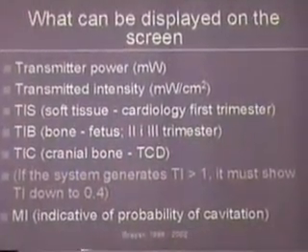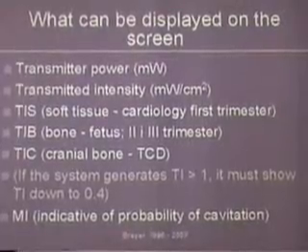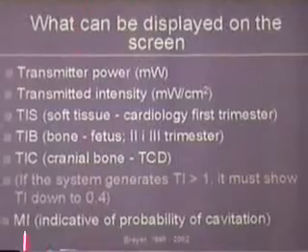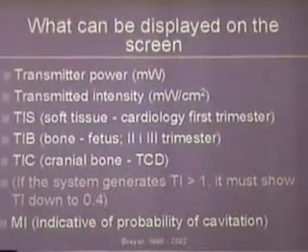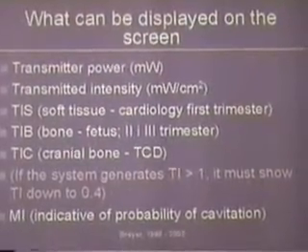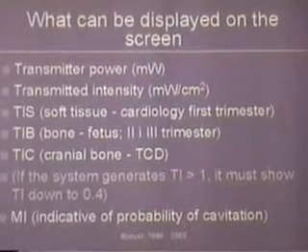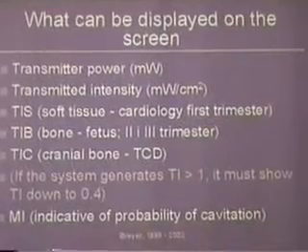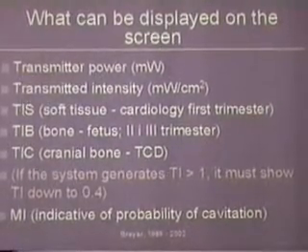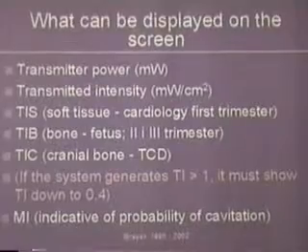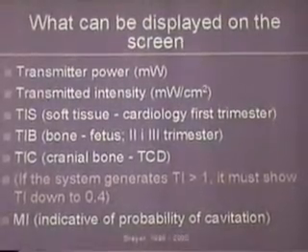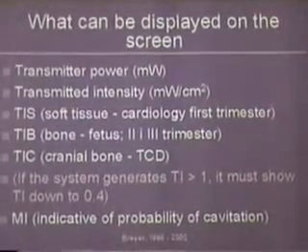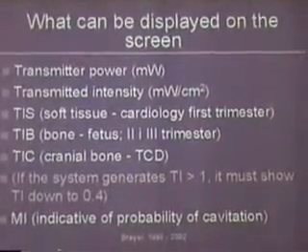Now, what can be displayed on the screen that pertains or is in some way related to safety? All these things here, like transmitter power, it could be in milliwatts. That is something, because with some calculations, and you've seen some of them in the slides yesterday, one can calculate some real physical values. Sometimes you just have a percentage, and it will tell you 100% or 80% or something of the sort.